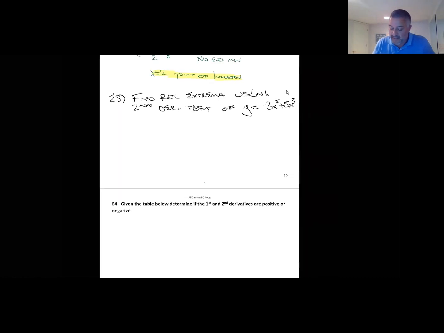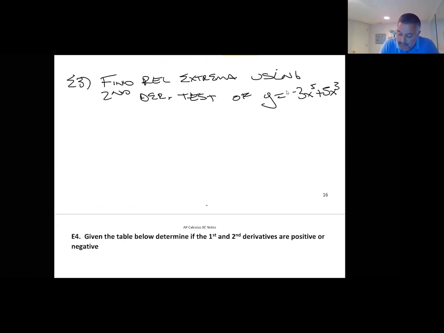Second derivative test. First thing I have to do is find critical numbers, find the first derivative. Hopefully we did that. Negative 15x to the 4th plus 15x squared equal to 0.